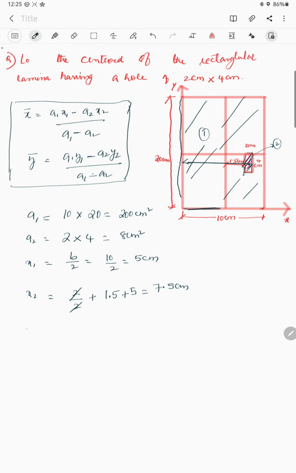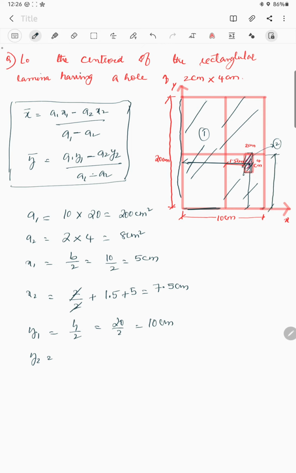Now we'll calculate y1 and y2. y1 is equal to, what is the centroid of this rectangle? Height is 20. H by 2 is the formula. So 20 by 2, which is equal to 10 centimeter. What about y2? See here, this is the centroid and I want to calculate from here to here, till the x-axis.